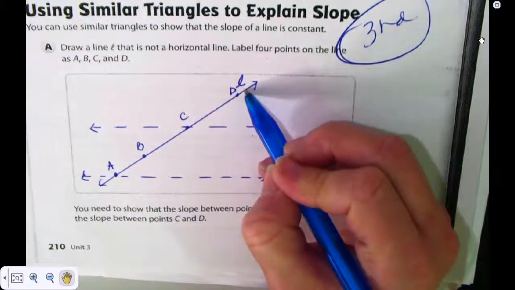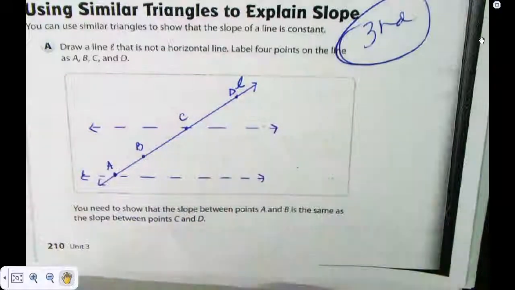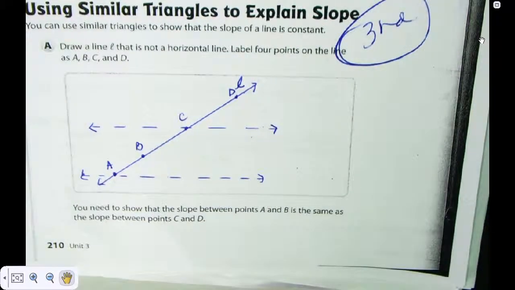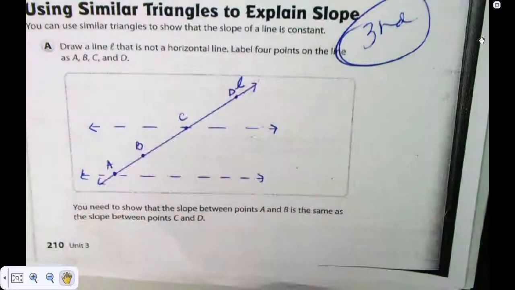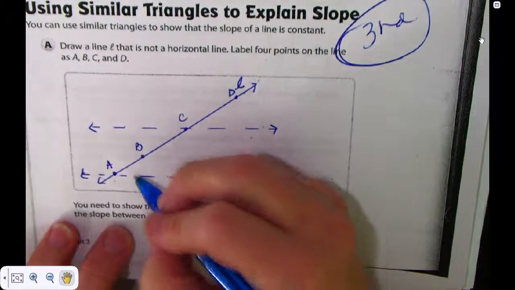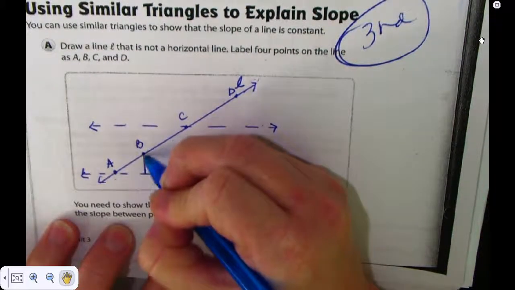So what is line L? Transversal. Very good. That's the transversal that cuts through there. Everybody good so far? We know what we've drawn. Two parallel lines. Transversal. Now what I need to do is make a vertical line from that horizontal line up.